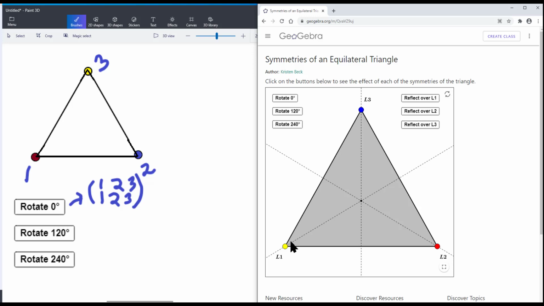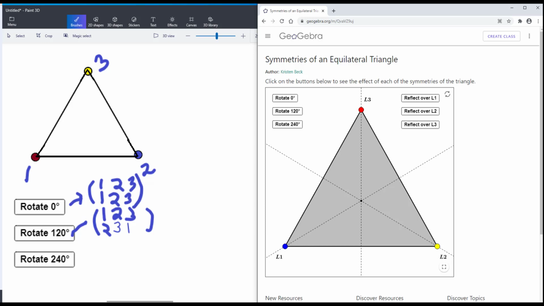So here we have the triangle back in the original position. 1 is here in the lower left corner, then 2, then 3. And if we rotate it by 240 degrees, then in this case we have 3 taking the place of 2, 1 taking the place of 3, and 2 taking the place of 1.